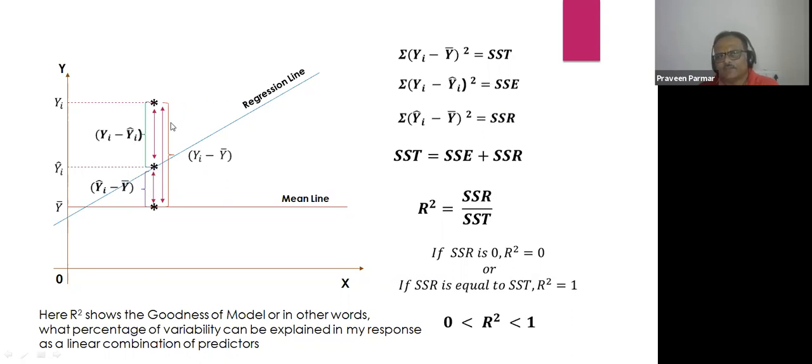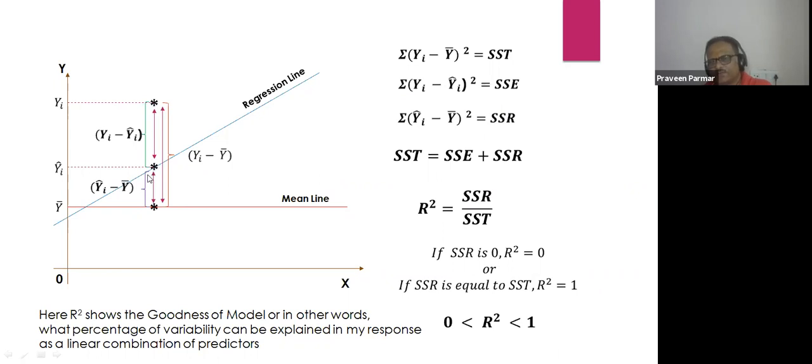Yes, sir. I want SST equal to SSR, so I will bring this point down to this line, and this would be 0. SSE would be 0. So SSR and SST both are equal. Then SST over SST we could write, or SSR over SSR, and it would be 1. So your actual point is now on the line. It means your line is the best fit.